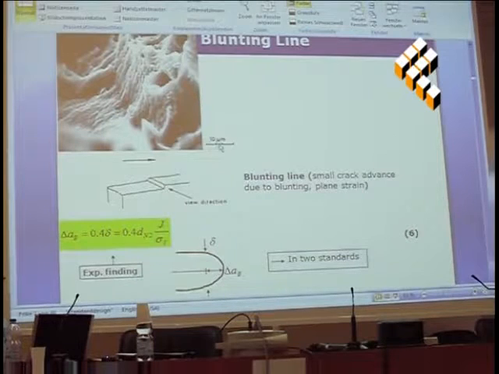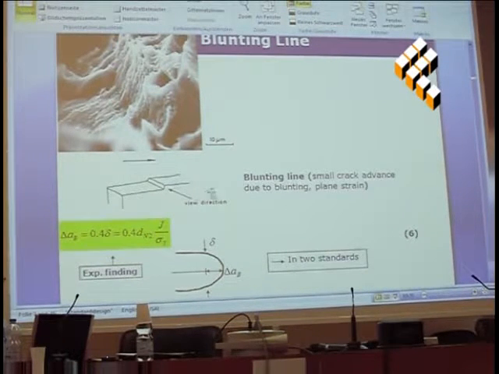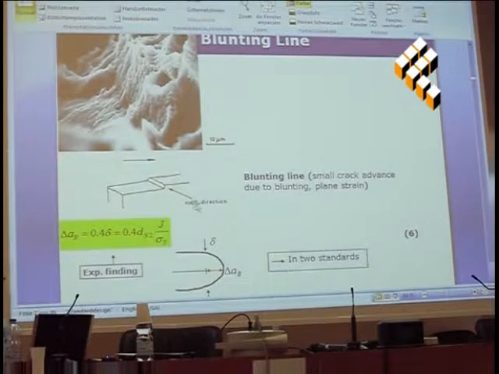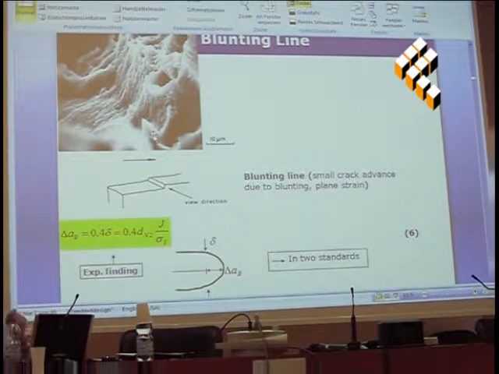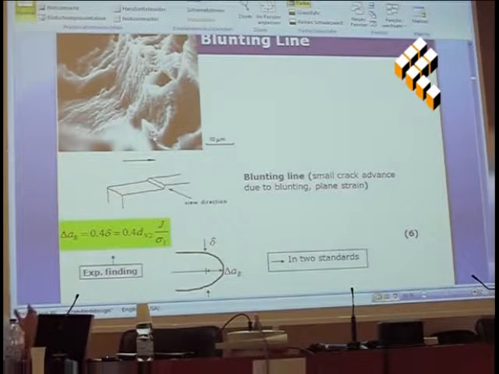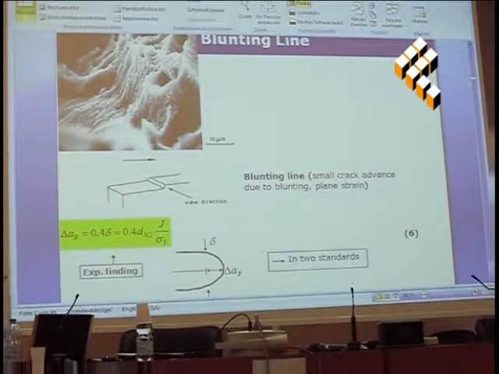Here you see the scale, 10 microns. I had a fracture surface like this here, and the view direction was almost parallel in the scanning electron microscope. And I measured the step height here. It's very tedious because you have to go along the complete crack front and do the measurements. You have to focus, refocus. This is very tedious, but in the end you're happy that you have the results.